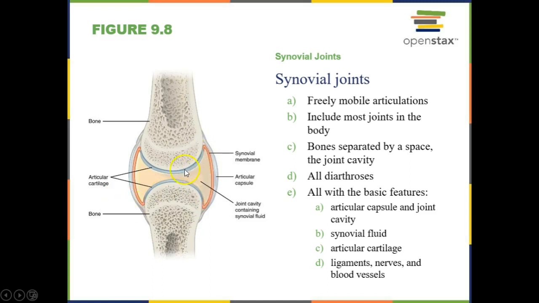So the articular cartilage around the ends of the bones has no perichondrium. It gets its nutrients from the synovial fluid here, and it helps the joints move more freely and easily. There's a lot of structures associated with our synovial joints, and we're going to look at each of them, okay?